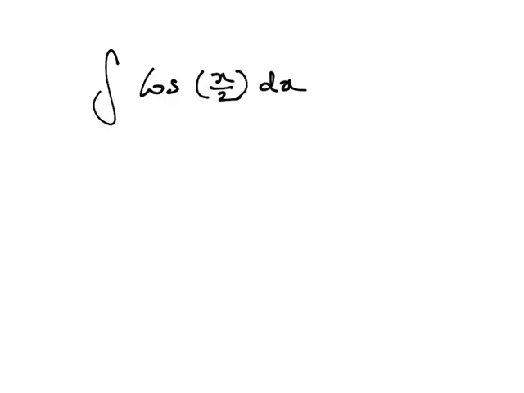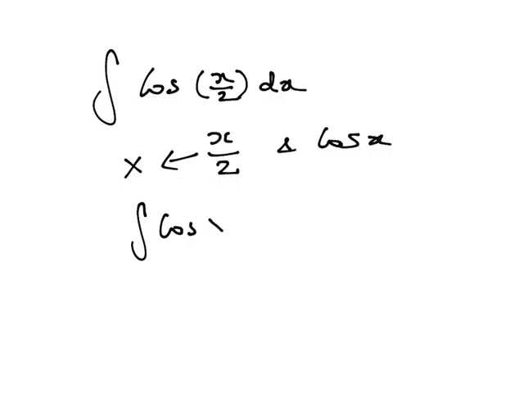Okay, so here the two functions are x by 2, which is linear, and cos x. So I'm going to take this function as capital X. So I have integral cos x dx, which is nothing but sine x plus c.